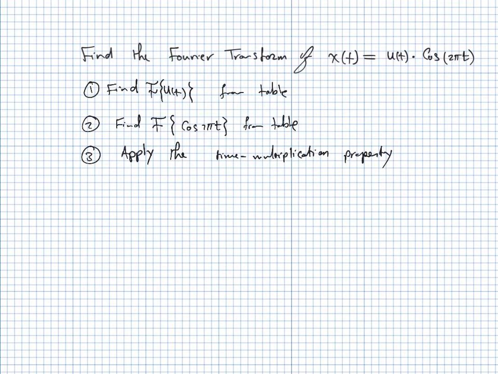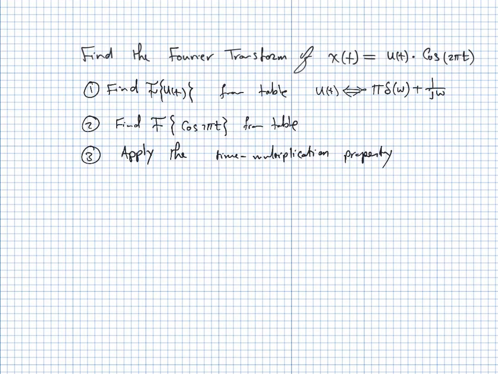So who has this one? The unit step of t has a Fourier transform which is pi delta of omega plus 1 over j omega. Okay?